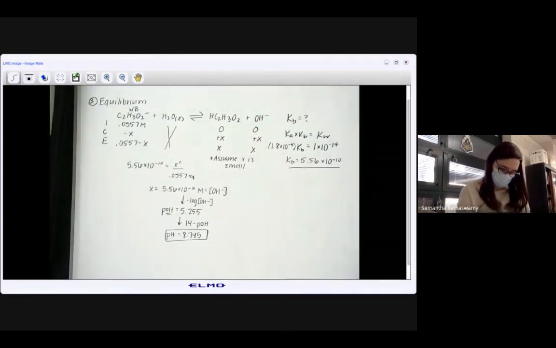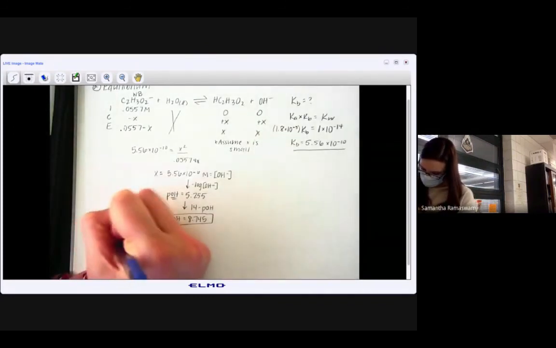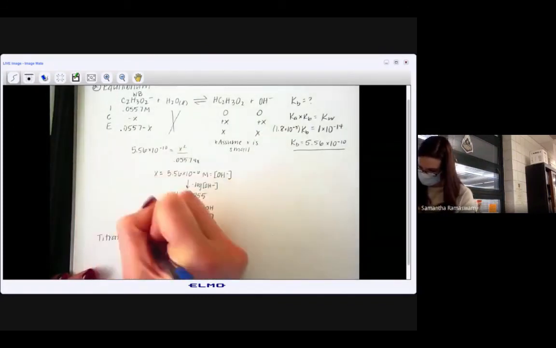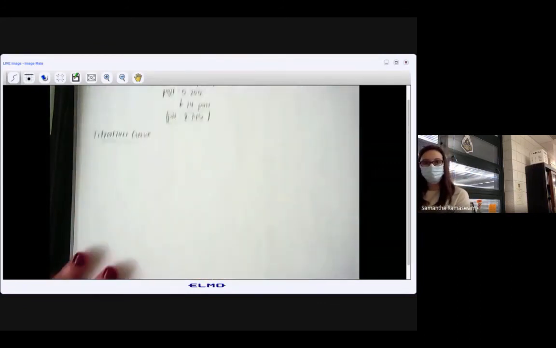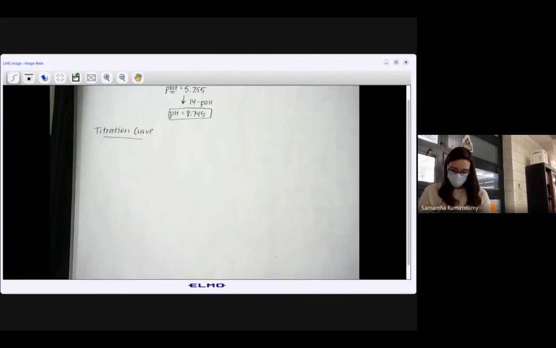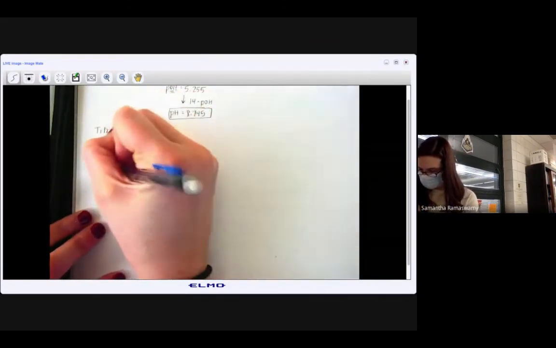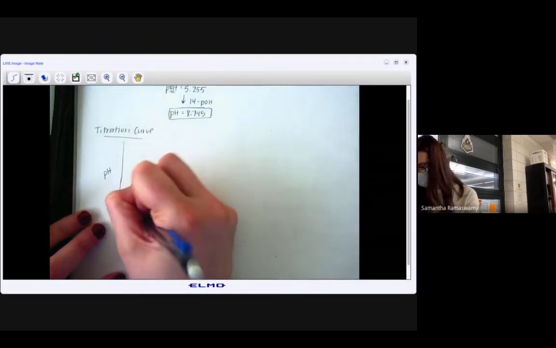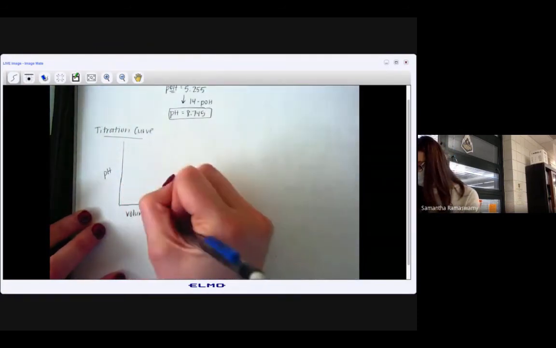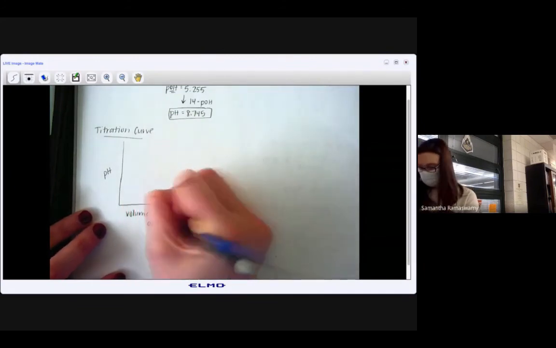Okay, so now we're going to look at the titration curve. So again, with the titration curve, let's start with our y-axis as pH. Our x-axis is volume of NaOH added, because NaOH is what was in the burette.